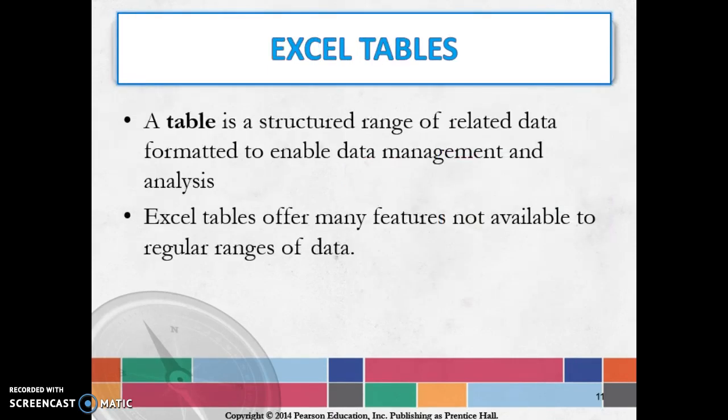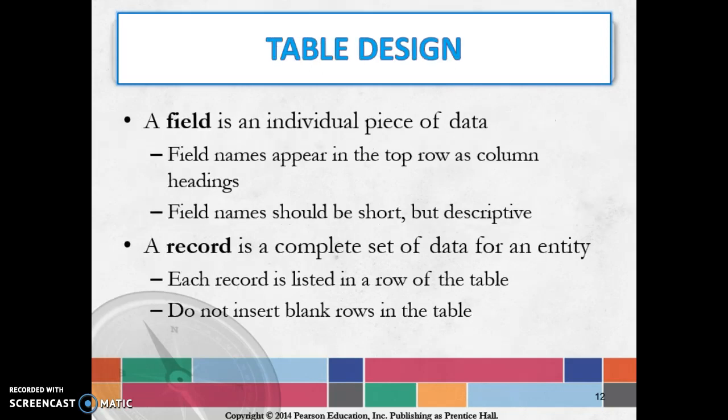Now, the next section is all about how to create a table, to actually structure the table. Things like being able to put a filter on, or being able to freeze panes or freeze titles are going to be covered in here. And then designing, being able to know what is a field and what is a record.